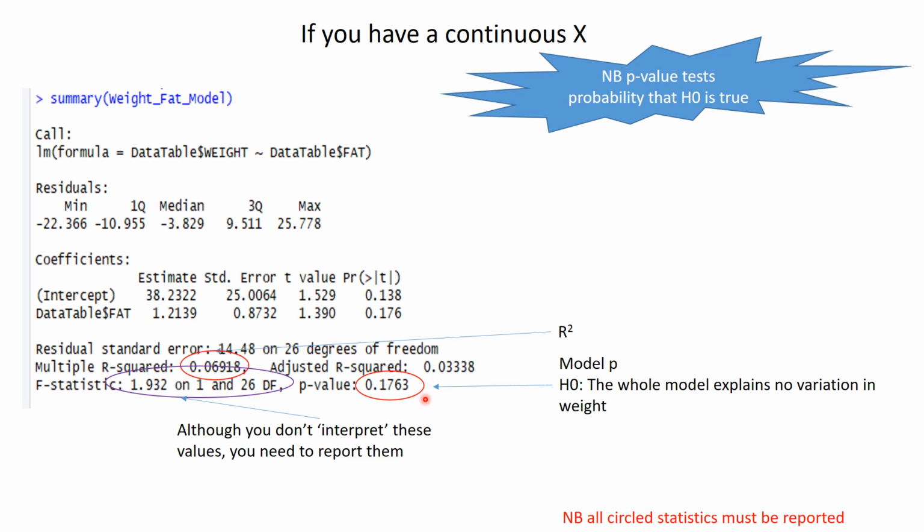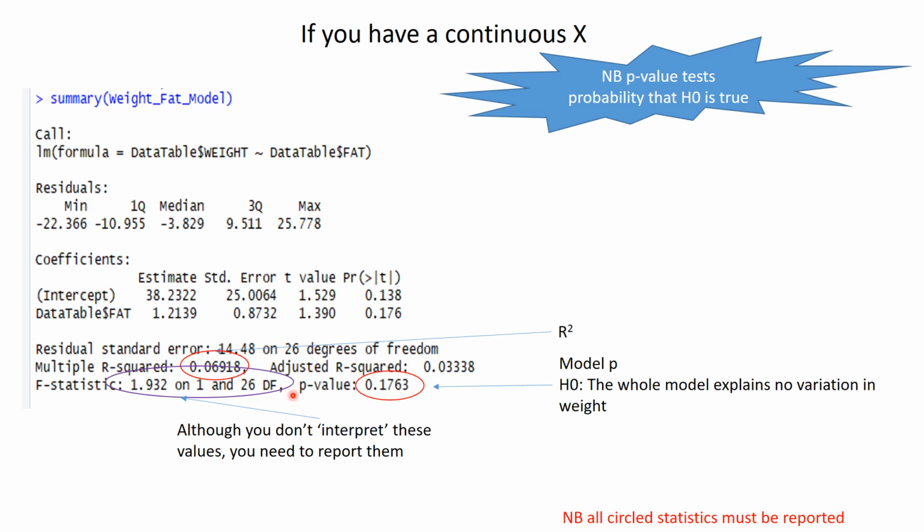So in that case, we have to say that this model explains no variation in weight because our p-value is not smaller than 0.05. So we cannot reject this null hypothesis. If our p-value here was smaller than 0.05 or 5%, then we could say that the model does explain variation in weight, and we could reject our null hypothesis and accept our alternative hypothesis.